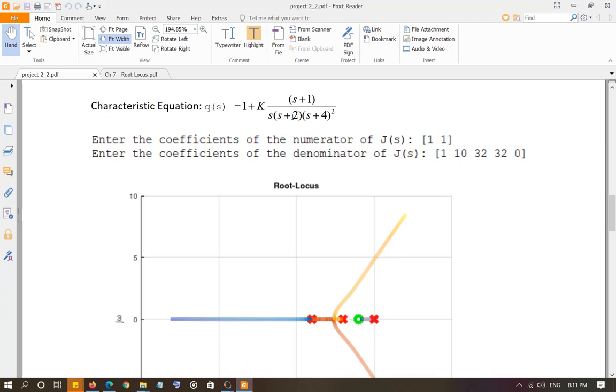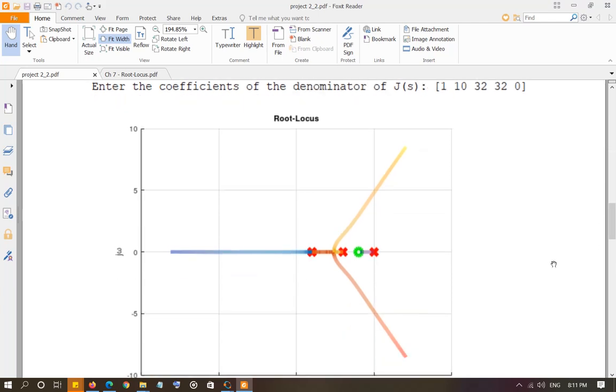One pole at s equal to -2. This is the pole at s equal to -2, and then I have two poles at s equal to -4. So I have a double pole over here. It's hard to see, but there's a double pole over here. So this is the first step, to locate those zeros and poles of PS and mark them on the S-plane. Let's go back.